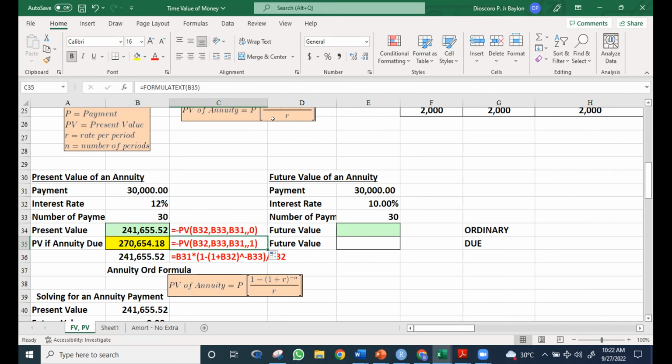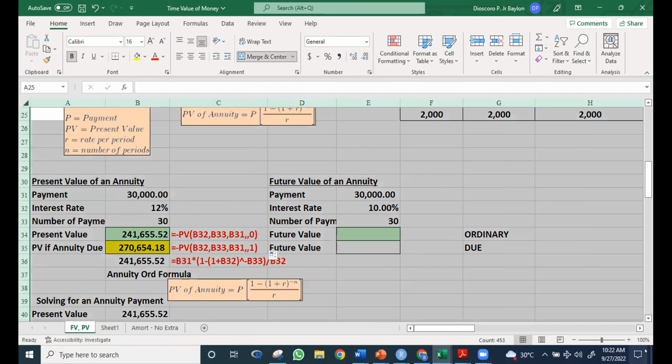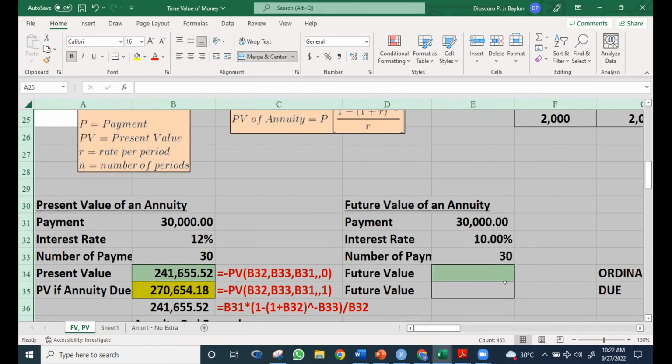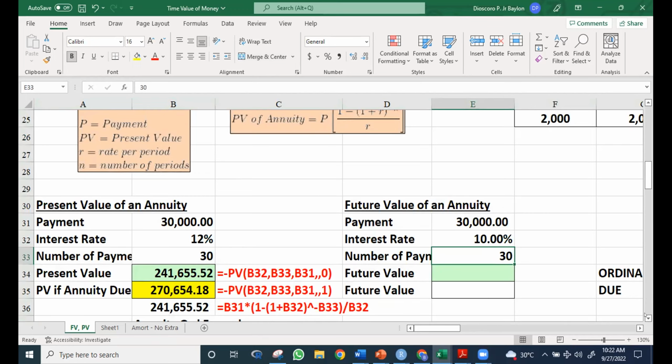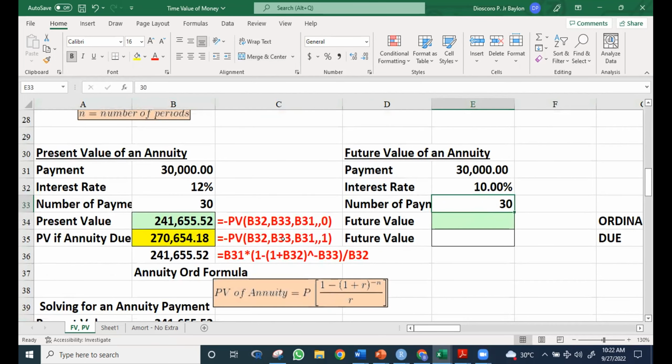So I'm flashing here the formula para kitang-kita nyo kagad. So this is annuity ordinary. This is annuity due. 1 yung ginamit natin. So the present value of the annuity due will always be bigger than the annuity ordinary, kasi immediately yung cash flow niyan.